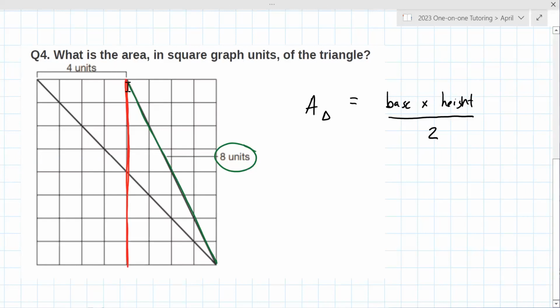The thing about the base is just counting. Well, we just want this red line, the vertical height. So you just sit there and count, 1, 2, 3, 4, 5, 6, 7, 8.